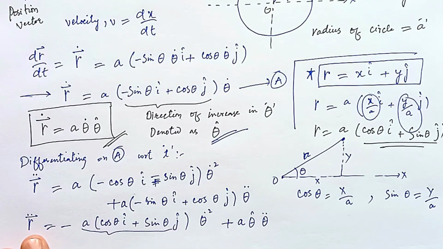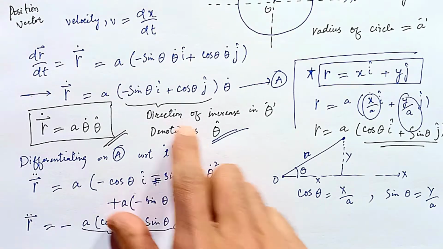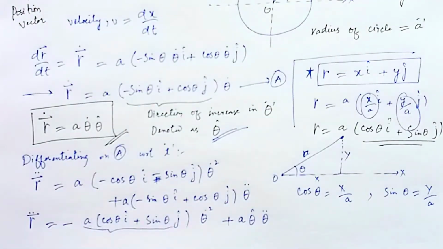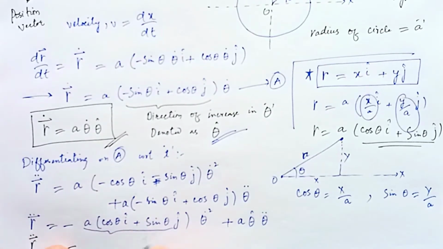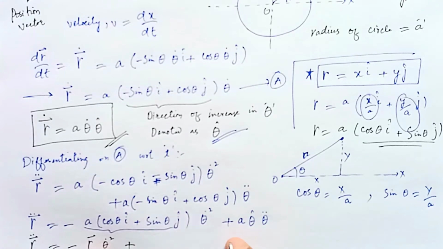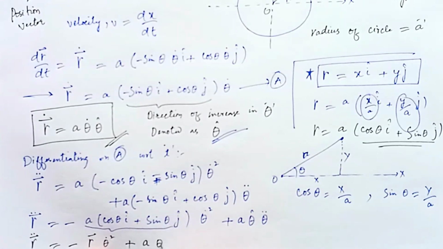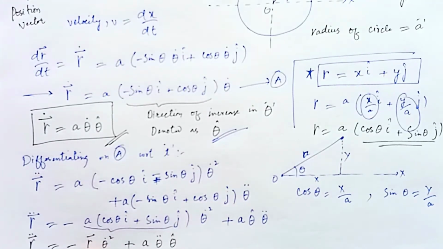Here, on double differentiation, we get this, and from this we know this is the position vector itself. So r double dot will be equal to minus r vector times theta dot square plus a times theta double dot.